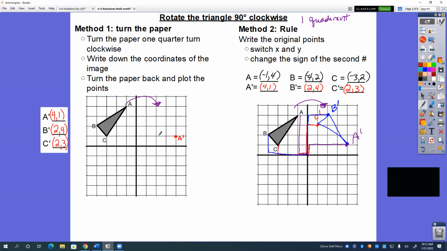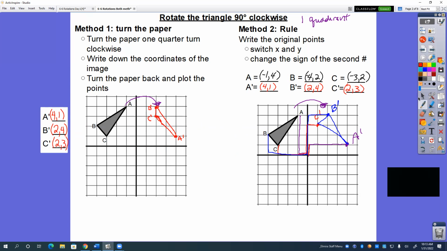A prime, B prime, and C prime would be 1, 2. Okay, so there's our new coordinates with our new image drawn in. Okay, so there it is.